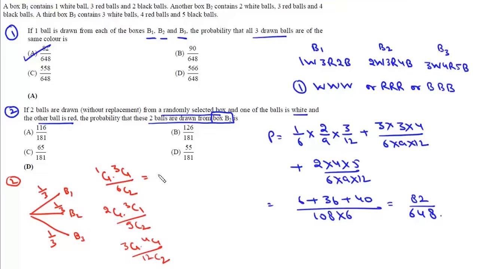Now this is 3 by 15, which is 1 by 5, and this is 6 by 36, which is 1 by 6, and here it is 12 upon 6 into 11, which is 2 by 11.